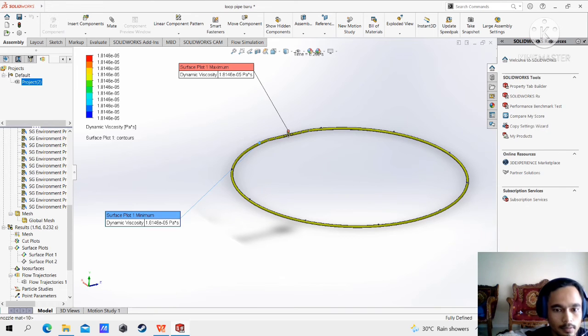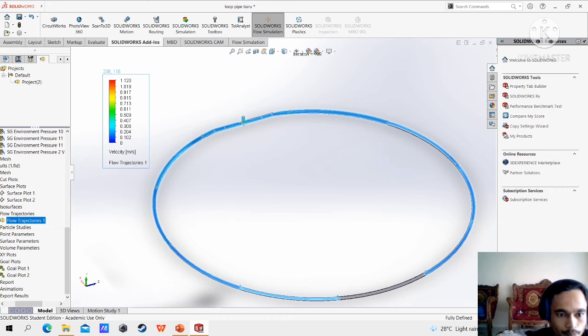And then viscosity is slightly lower than straight pipe configuration and still remains unchanged along the pipe. And then we go to the velocity. So as we can see, the highest velocity that we obtain is 1.12 meter per second.